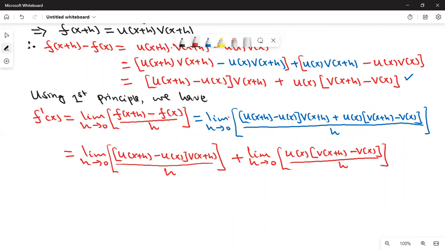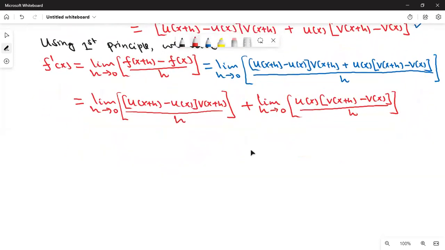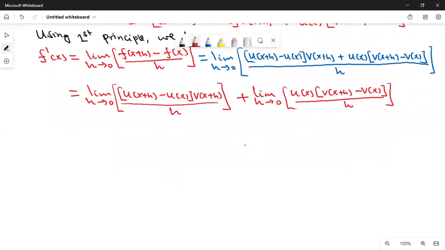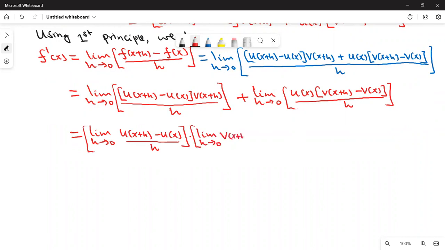Again, using the properties of evaluating limits, this limit can be written as the limit as h approaches 0 of u of x plus h minus u of x, divided by h, times the limit as h approaches 0 of v of x plus h.